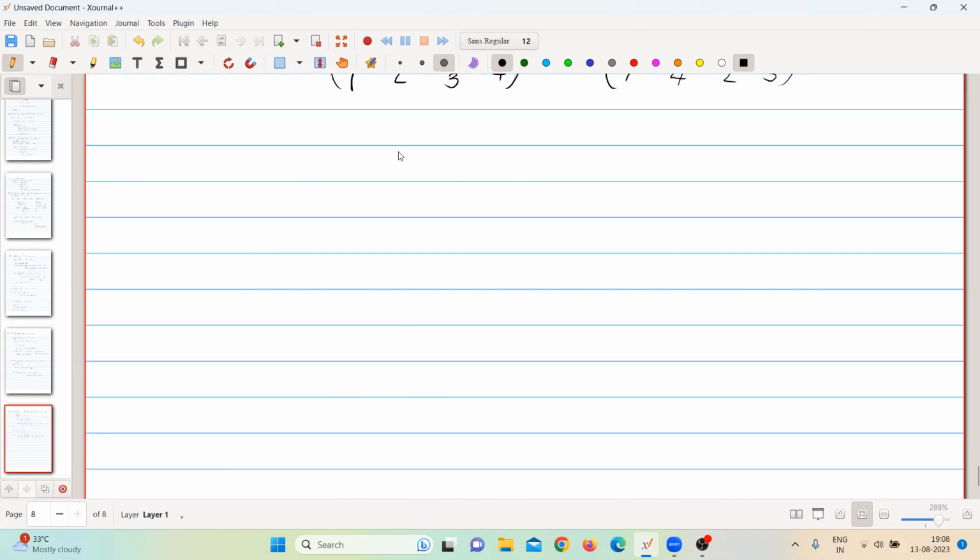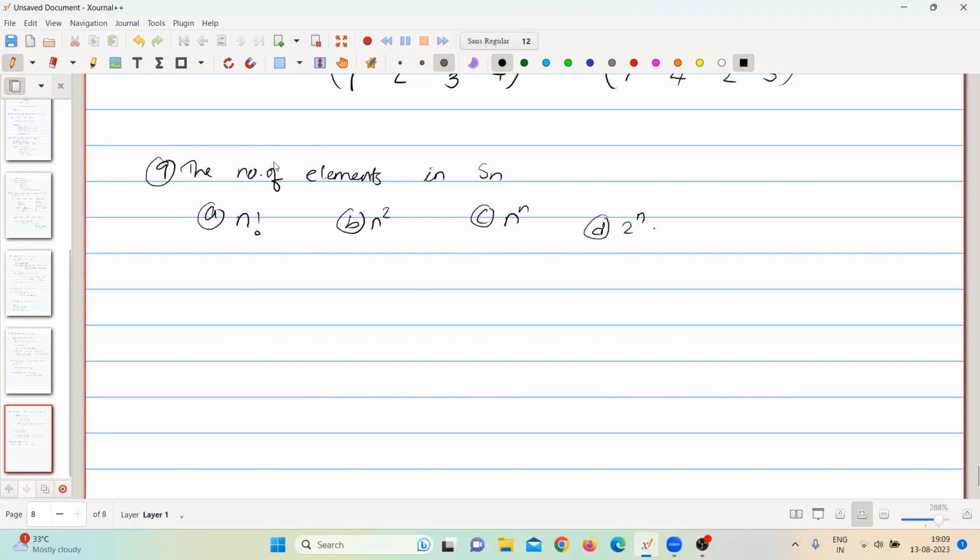Okay, if you don't have any doubt, let's go to the next problem. The question is to find the number of elements in Sn.